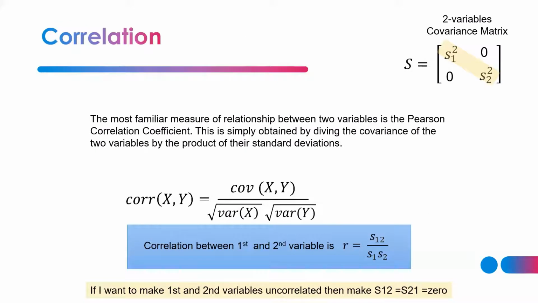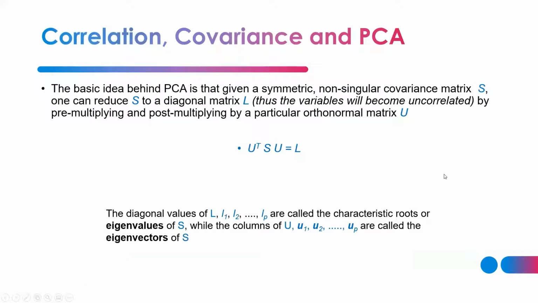Now, if I go back over here, how do I eliminate the off-diagonal values? Well, there's one simple way to do that.